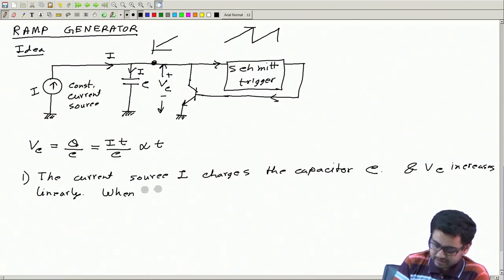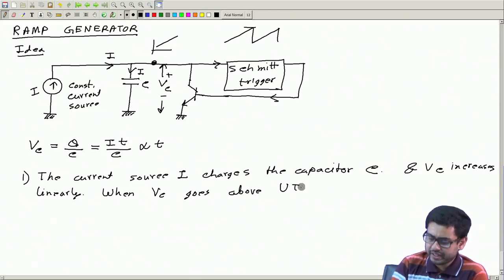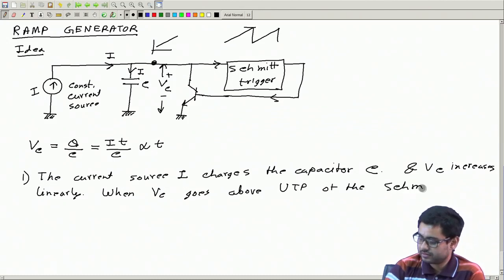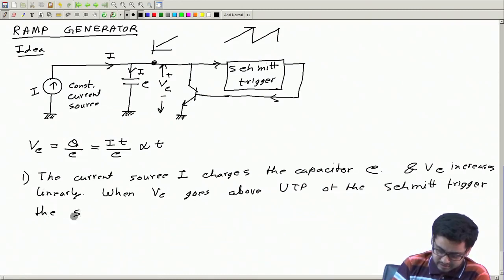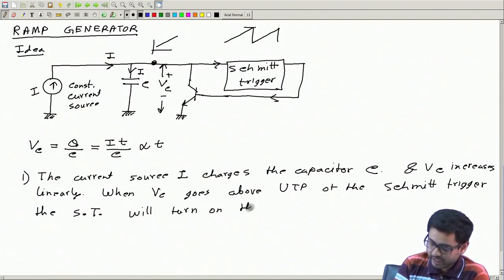When Vc goes above the UTP of the Schmitt trigger, the Schmitt trigger, in short ST, will turn on the transistor, the BJT.